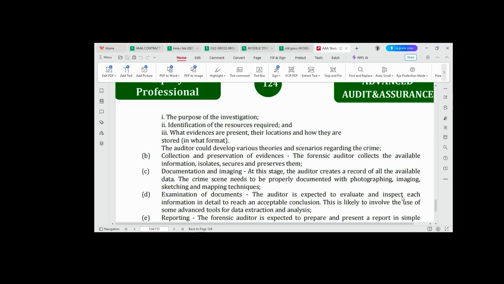What that means is that when a fraud is being committed, there will be a need to ensure that there are enough photographs of the aspect of the business that is affected by the fraud.